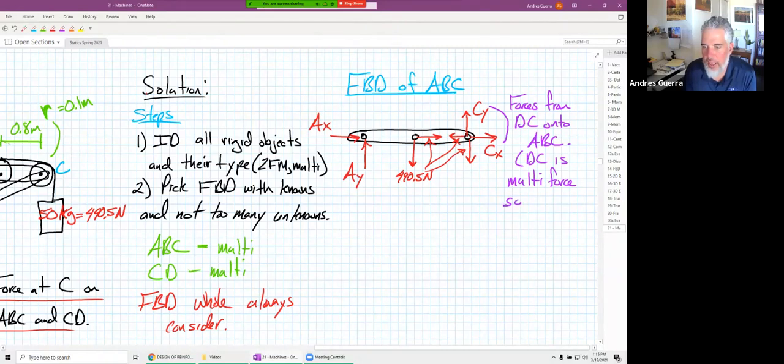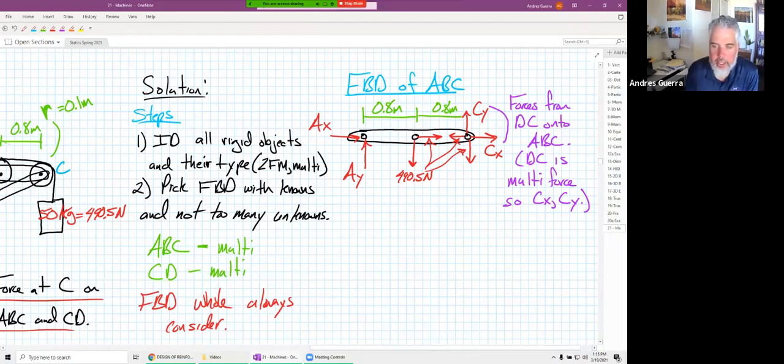So that's why we have a CX and a CY. If DC was a two-force member, we would make it an FC to D. It would be one unknown magnitude with a known line of action. Okay, let's add our dimensions here. This is a distance of 0.8 meters. This is a distance here of 0.8 meters as well. And that's all the geometry that we really need to add on there.